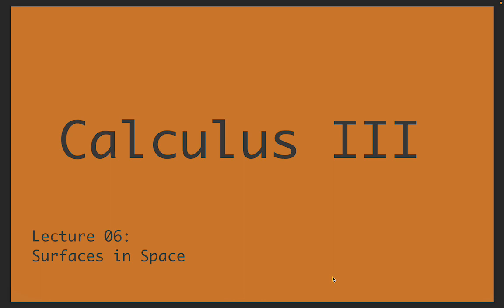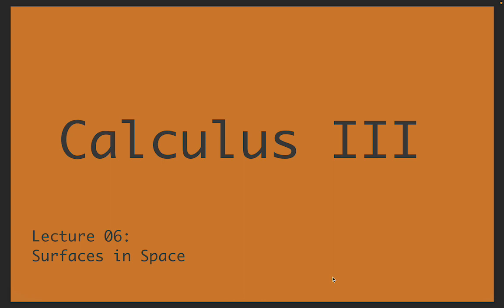In the previous 5 lectures, we have been brought up to speed on the vector topics that are going to be necessary for vector calculus and calculus in 3D space. This final section is going to bring us the necessary understanding of surfaces in space and how to think about those.